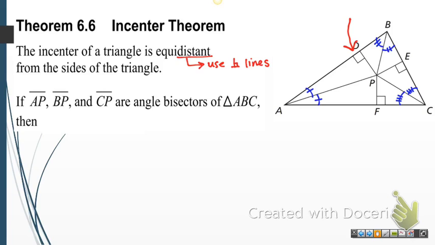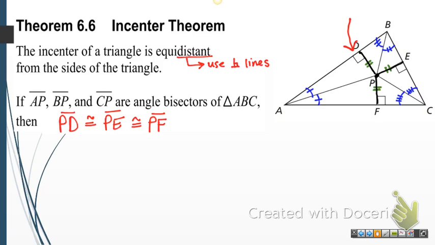So what does that mean about AP, BP, and CP? They're all angle bisectors. So notice that I marked all the angles in the triangle being bisected. P is the incenter, right? So P is going to be the center of a circle. And that makes PD, PE, and PF all act like radiuses.